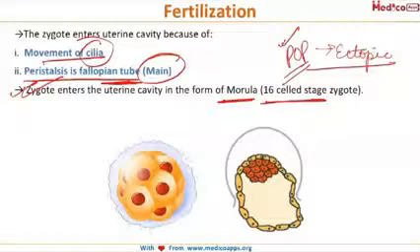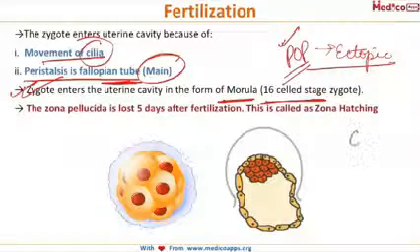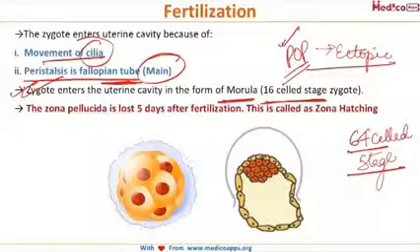Now, on the 4th and 5th day, the cell division continues and it reaches a 64 cell stage. Here, the morula is covered by a film of mucus. Fluid passes through the thin canaliculi of the zona pellucida, which separates the cells of the morula, and it is then called blastocyst. Because it is a fluid filled cavity now, it leads to the formation of blastocyst.